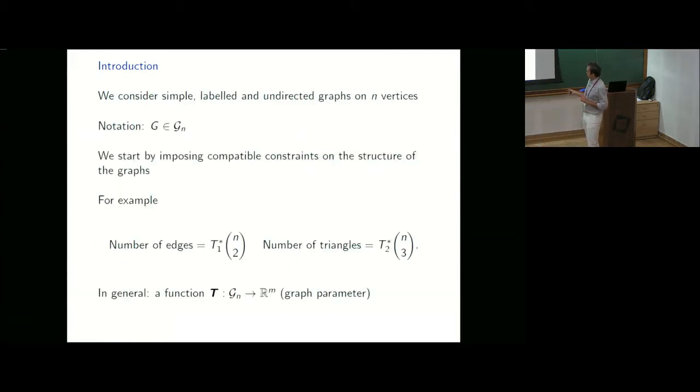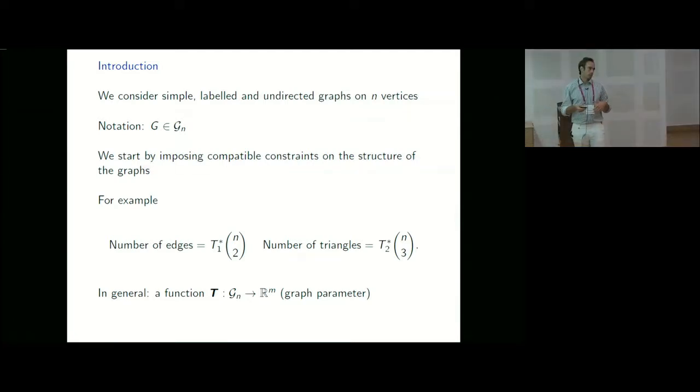By density I mean these numbers. This is the total number of edges that a graph can have, and this is the total number of triangles a graph can have. We want it to be dense, so we have a constant fraction of edges and a constant fraction of the total number of triangles, which we denote by T1 star and T2 star.